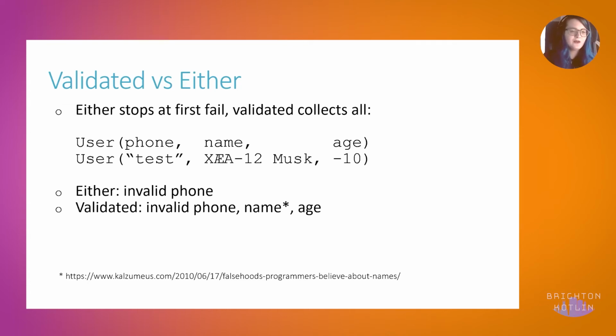For example, if we validate the user with Either, there will be a failure of invalid phone, and Validated will tell you that the phone, name and age are invalid. Here, a tiny remark: please be mindful when you validate names, because even my name is invalid at least once per month in various services. So your assumption about names may be wrong. You can check the link on the slide to read a great article about that.